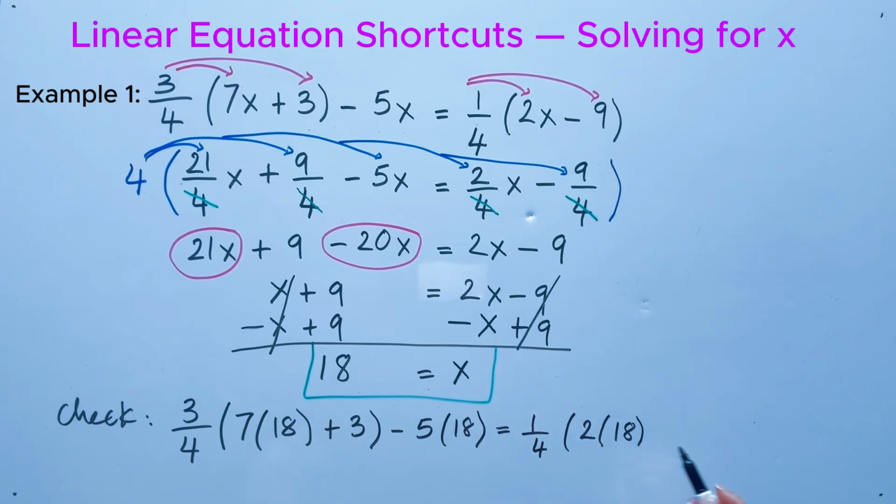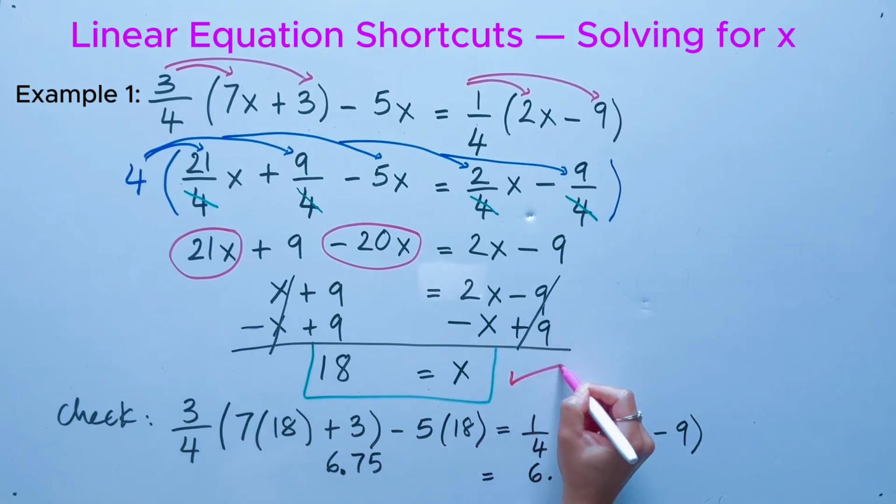Where you see x, you substitute 18 in. If you put everything on this side in the calculator, you will have 6.75. The same, if you do the same thing on this side, put it in the calculator, it will give you 6.75. Now you confirm that your answer is correct.